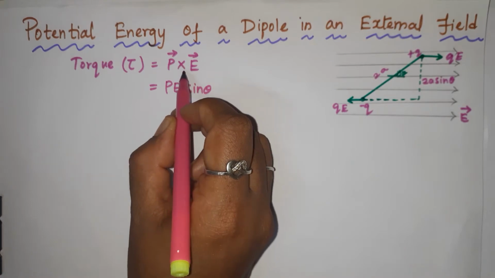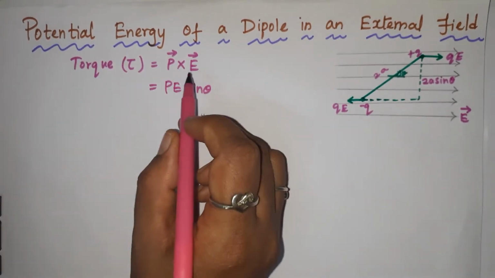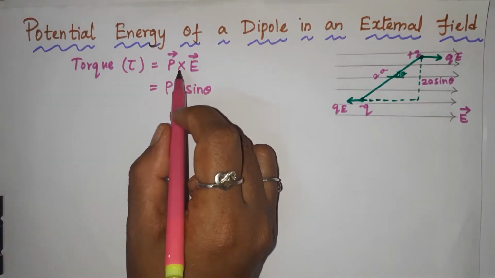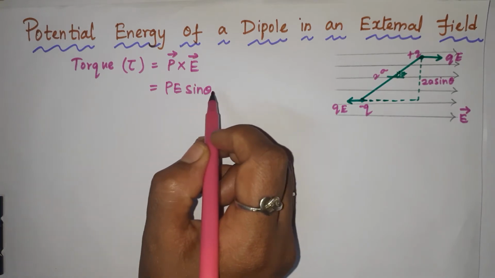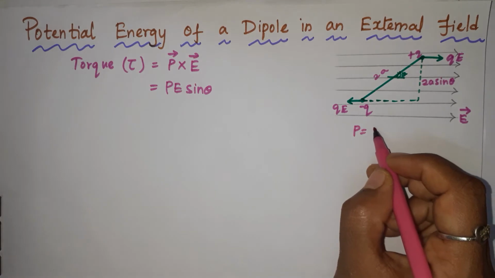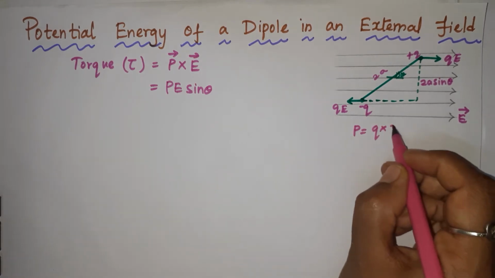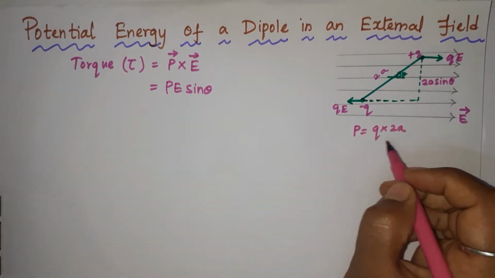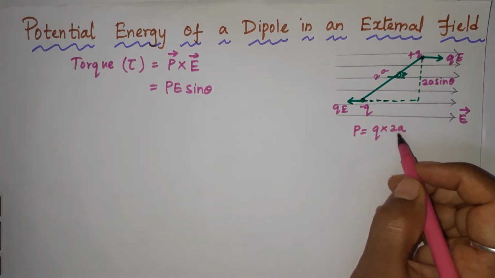For cross product we take sin theta, for dot product cos theta. Here P is the dipole moment, that is q into 2a, so P equals 2qa.